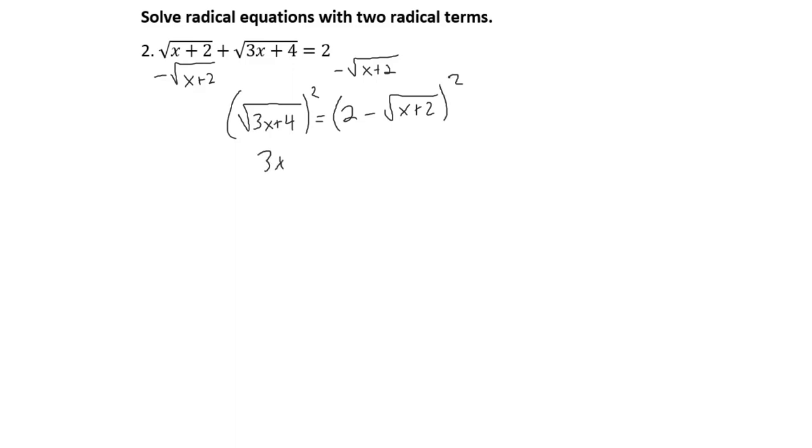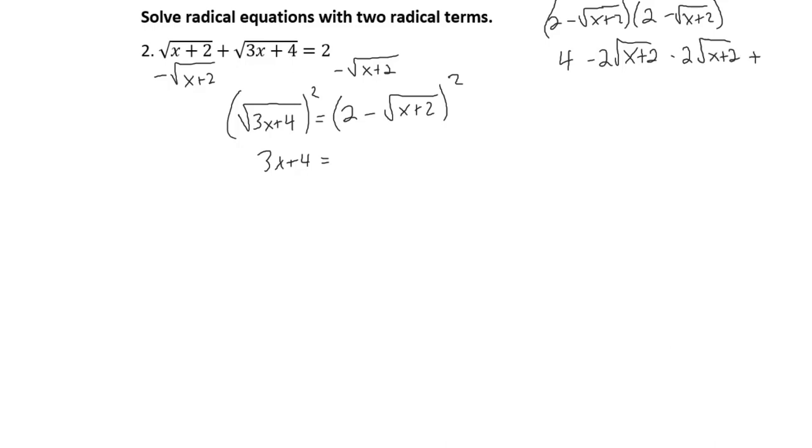And we get 3x plus 4 equals, and let's do that math over here, multiply it by itself. And then we get 4 minus 2 root x plus 2 minus 2 root x plus 2. And negative times negative would be positive x plus 2. Add that all together, and we get x plus 6 minus 4 root x plus 2.